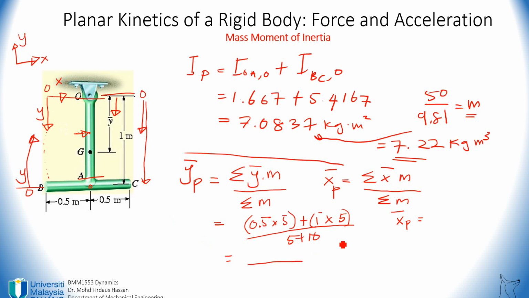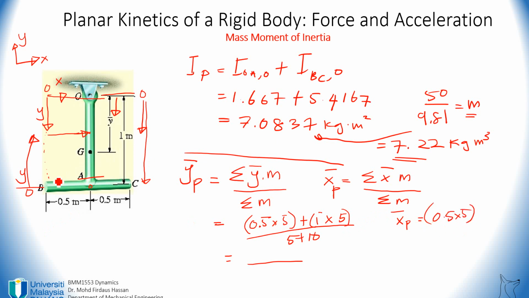So the location of the center of gravity for OA in x, from here to here, is 0.5 meters, and 0.5 for rod OA times 5 kilogram.